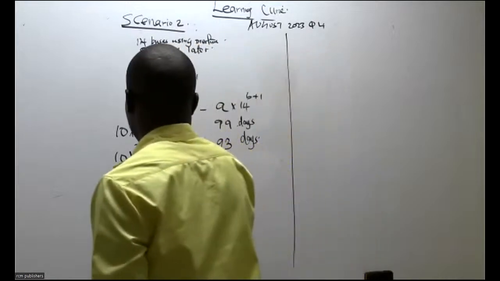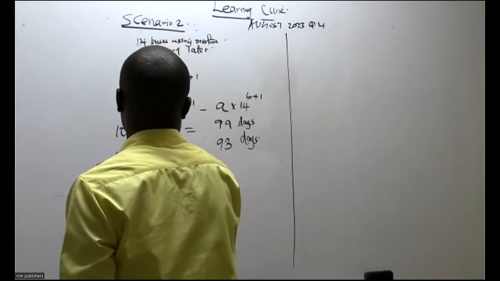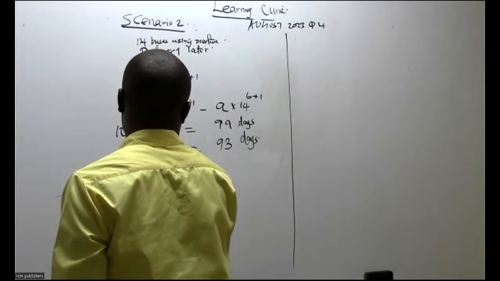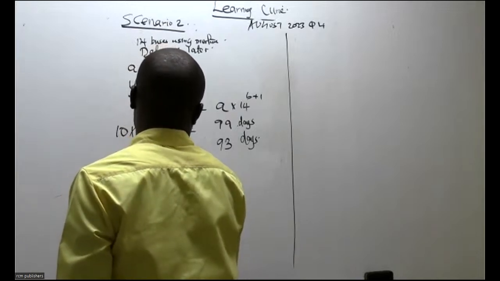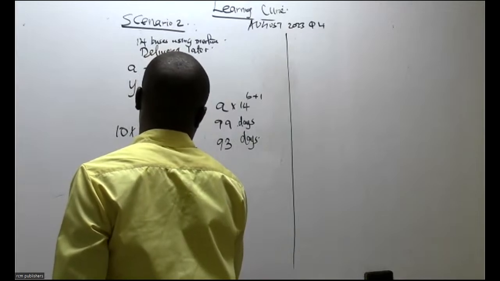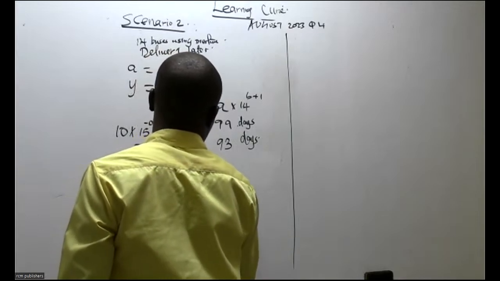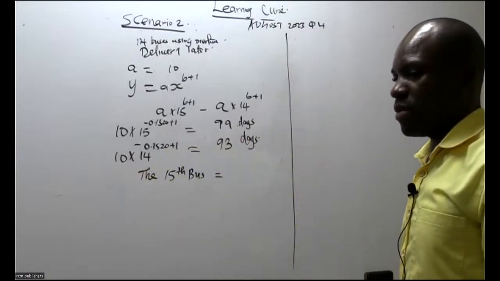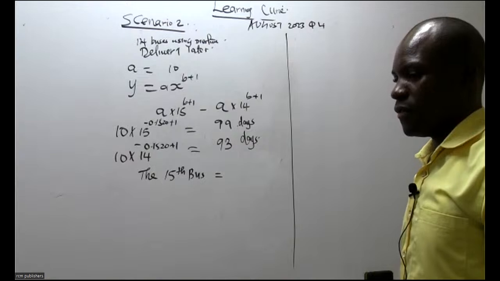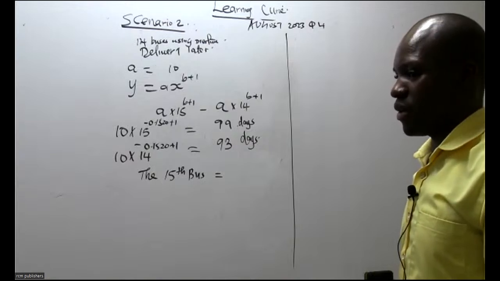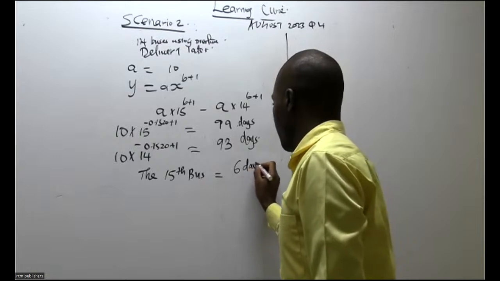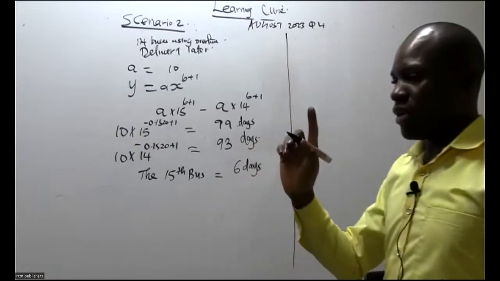So the last bus, or the bus to be delivered later, is the 15th bus. How many days will it take you to produce the 15th bus? The 15th bus will take us 6 days. That's a new thing being introduced.